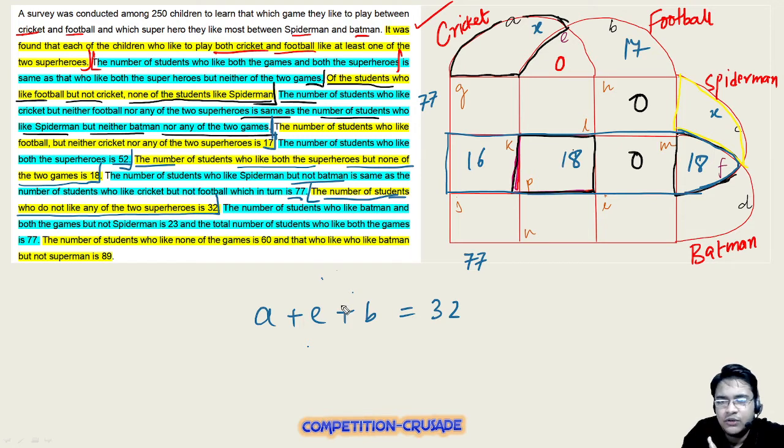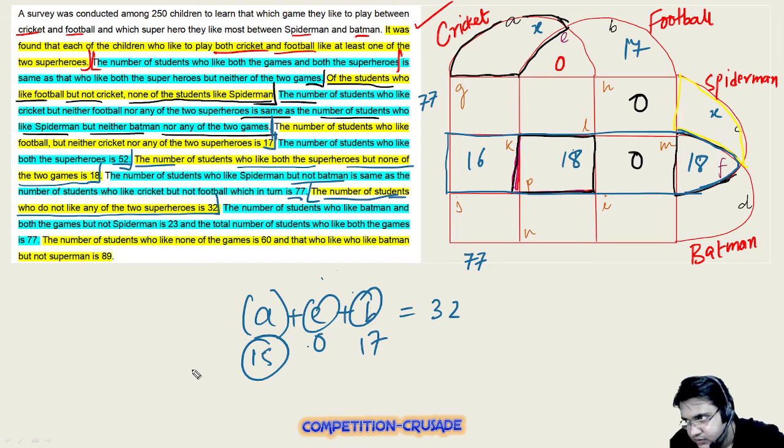I know you have the answer in your mind, but I'm still writing it for the people who are finding it a little difficult. B is already 17, E is 0, so what will be the value of this? 7 plus 5 is 12, so this is going to be 15. Let's check once more. Yes, this is going to be 15.